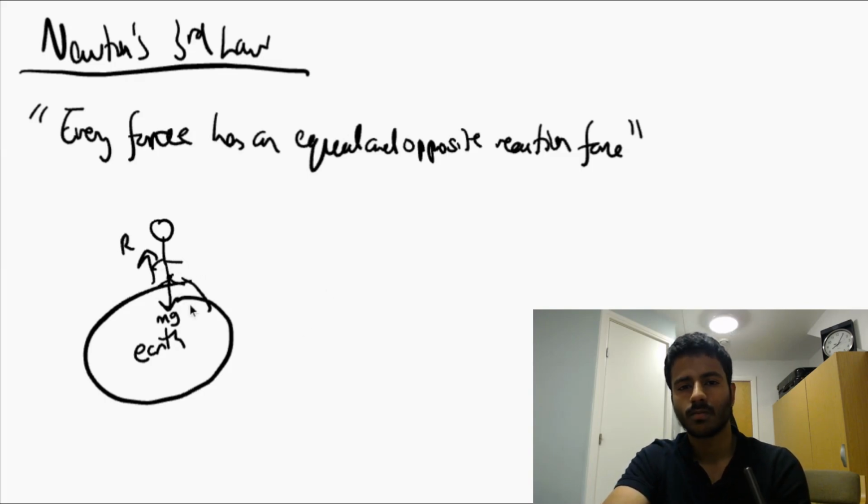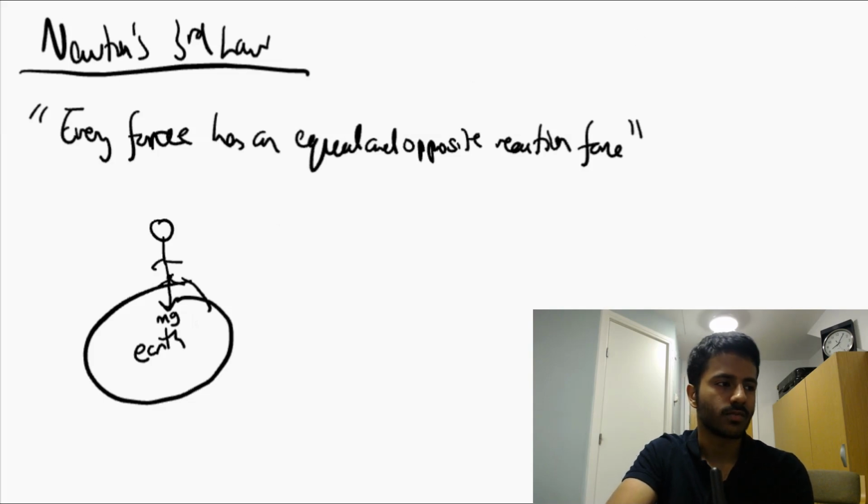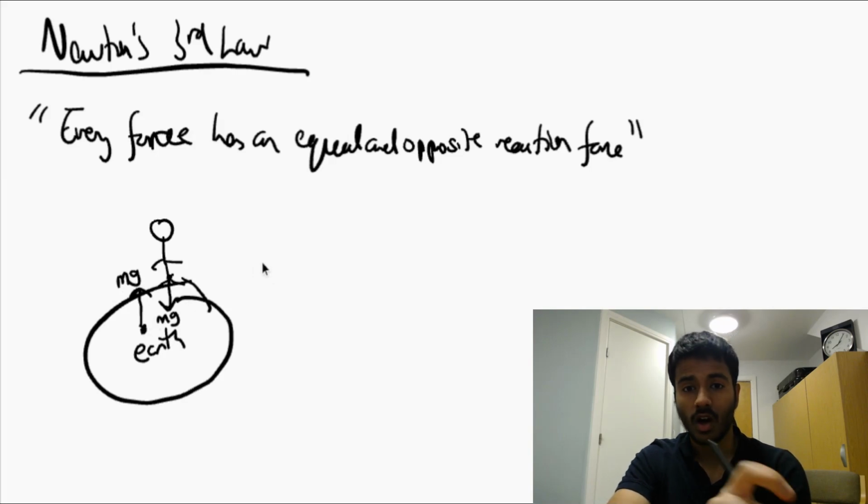No, it does, but that is not the equal and opposite reaction to the weight force. What actually happens is you pull the earth by the same force. So the earth is attracted to you by the same magnitude as your weight.